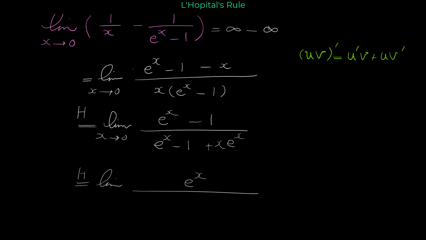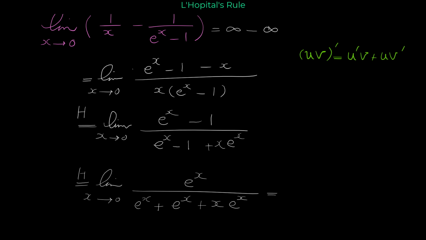The derivative of e to the x is e to the x, the derivative of minus 1 is 0. For the derivative of this term, you need to use the product rule again, because you have x times e to the x. The derivative of x is 1 times e to the x, which is e to the x, plus write x and take the derivative of e to the x, which is itself.